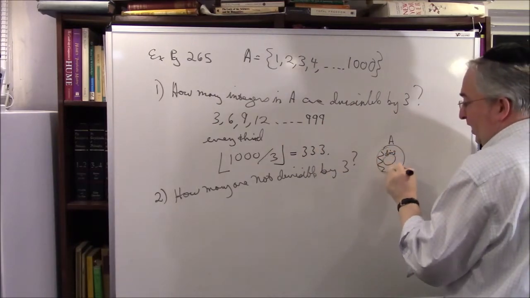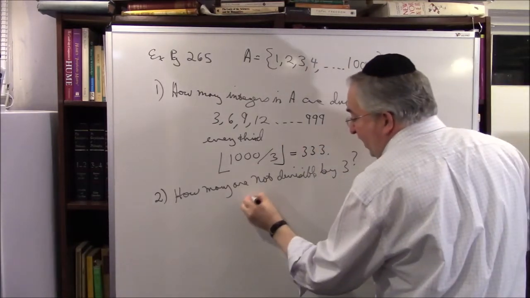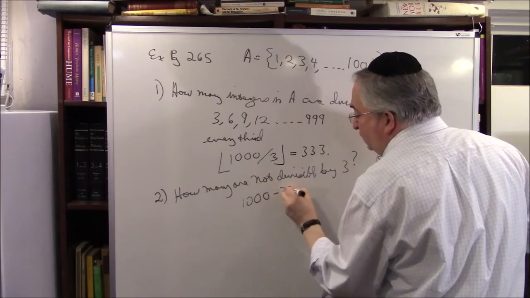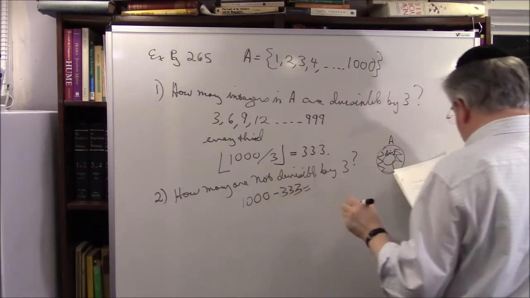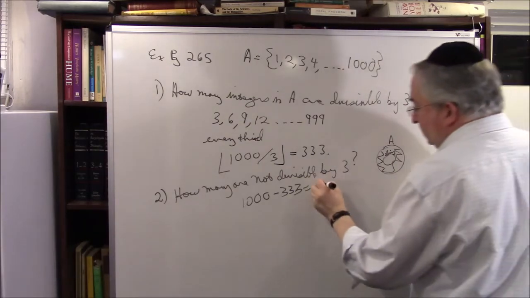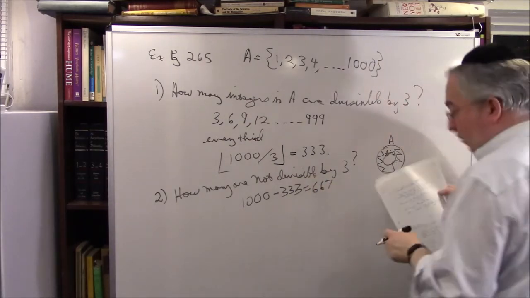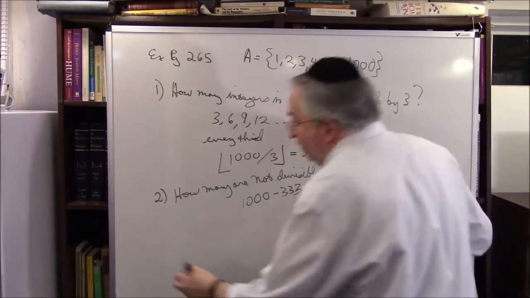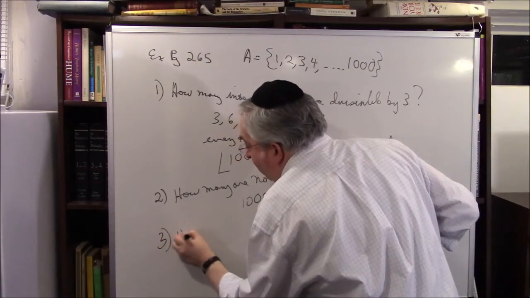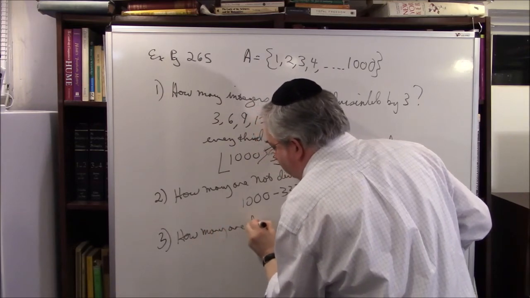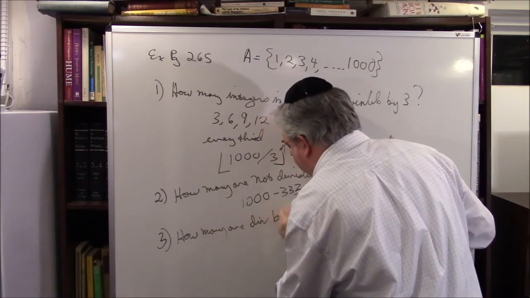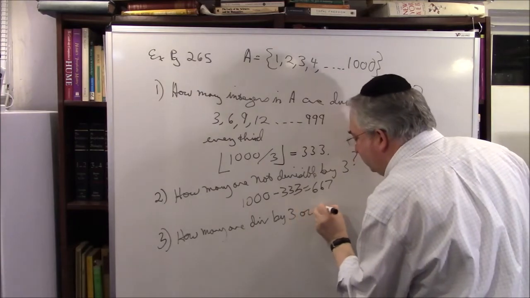So that's again out here. It's basically 1,000 minus 333, which is equal to 667. Great.